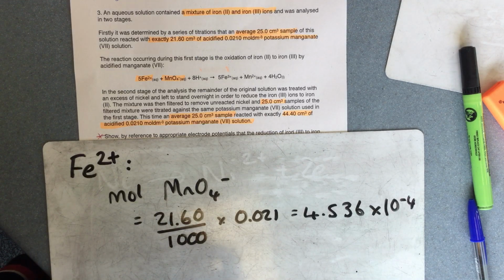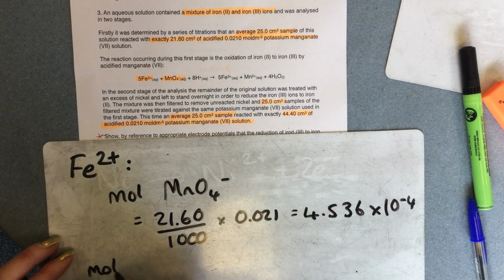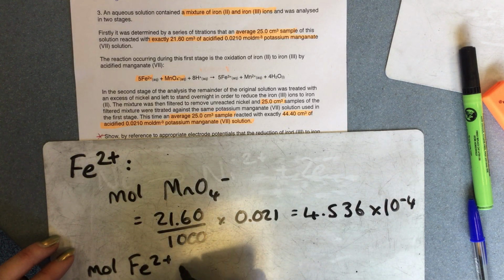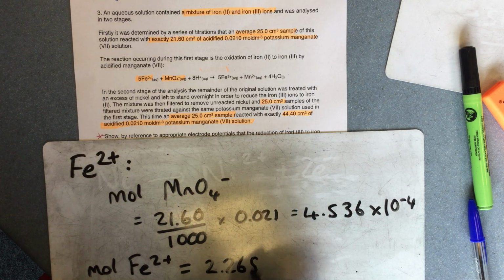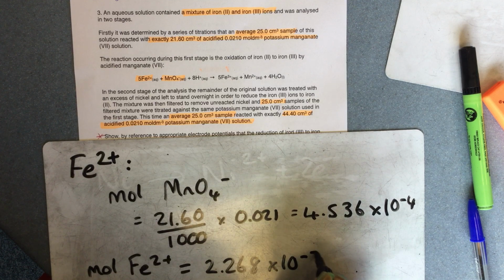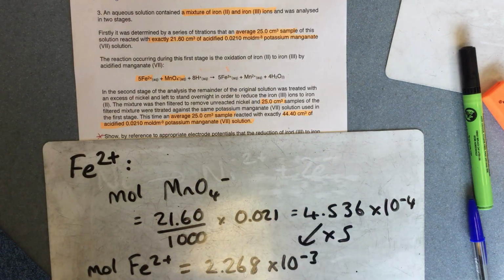Then I'm going to convert that into my moles of Fe. It's a 1:5 ratio, so my moles of Fe2+ is therefore going to be 2.268 times 10 to the minus 3. So I've just taken that value, times it by 5.